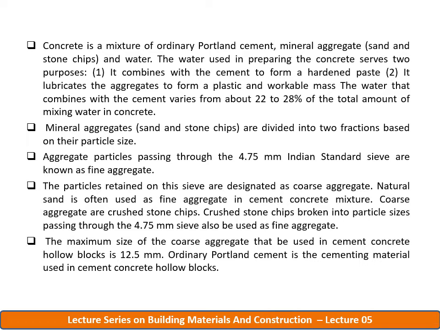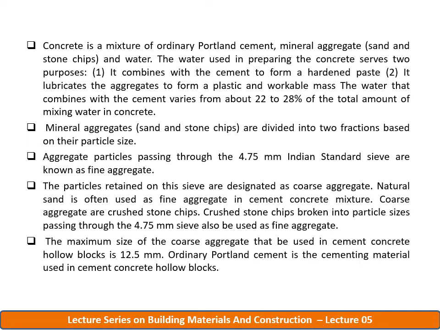The mineral aggregate can be divided into two fractions: the aggregates passing 4.75 mm and the aggregates retained on 4.75 mm. Both natural sand, that is fine aggregate, and coarse aggregate can be used.